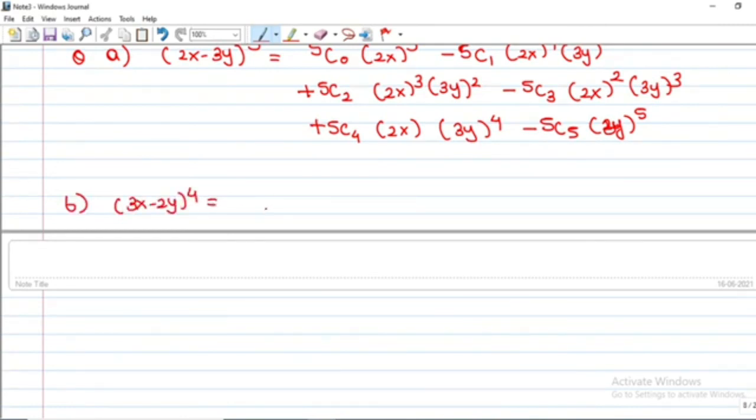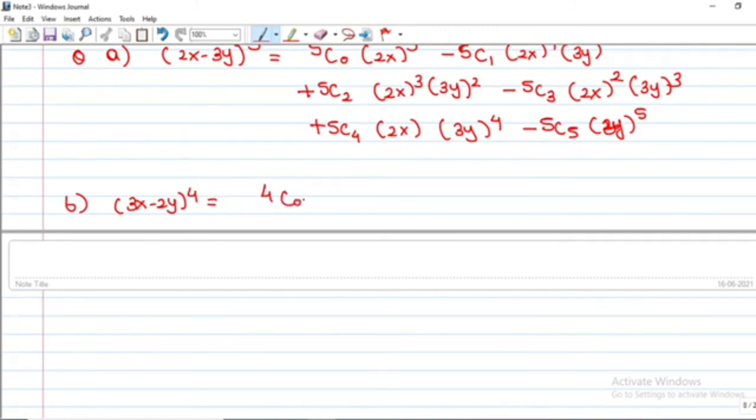In your free time you can take any two random terms and try to expand them, then your speed will increase. When you are free, just take a book and a pen and get started, take some random examples. Why am I taking a negative sign? Because students mostly find the negative sign difficult compared to the positive sign. In positive, (a plus b), everyone can expand because all the places will be positive only.